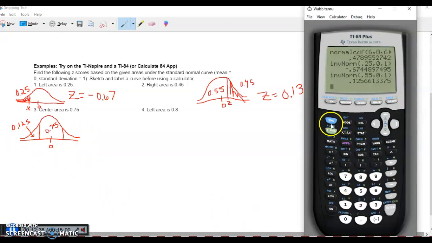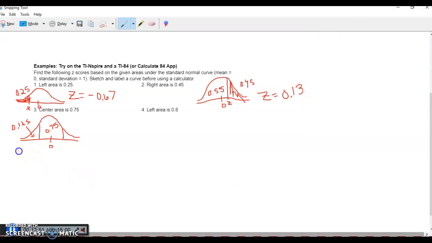So I go to my calculator, second VARS, go to inverse norm, 0.125, and I get a z-score of negative 1.15. And then I do the same thing for the other one. I know here because of symmetry that it's going to be the same, just positive, but I won't in all cases.